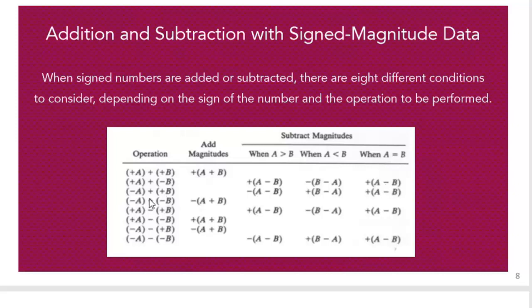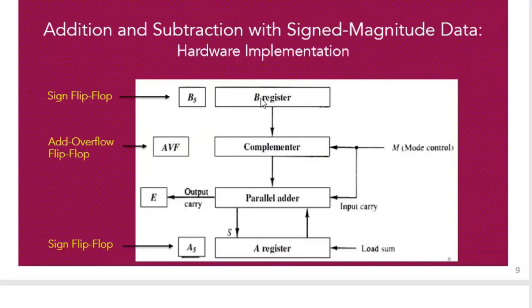Now similarly, the hardware implementation for addition and subtraction with signed magnitude data. This is a hardware implementation for performing addition and subtraction operations. There is no separate algorithm or separate hardware implementation for the subtraction operation in computer architecture.